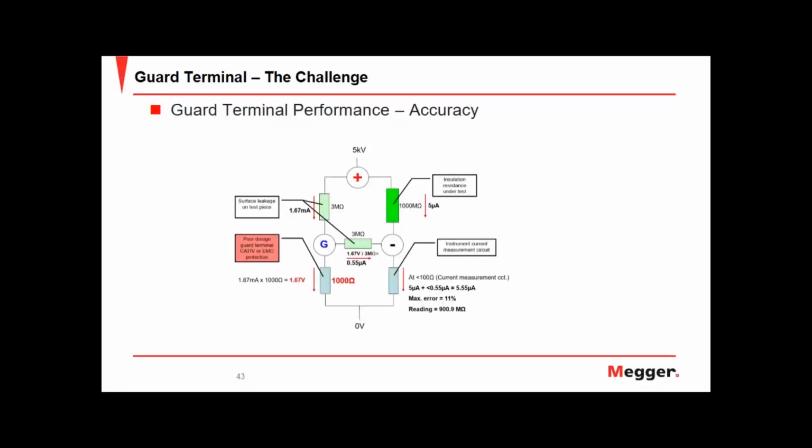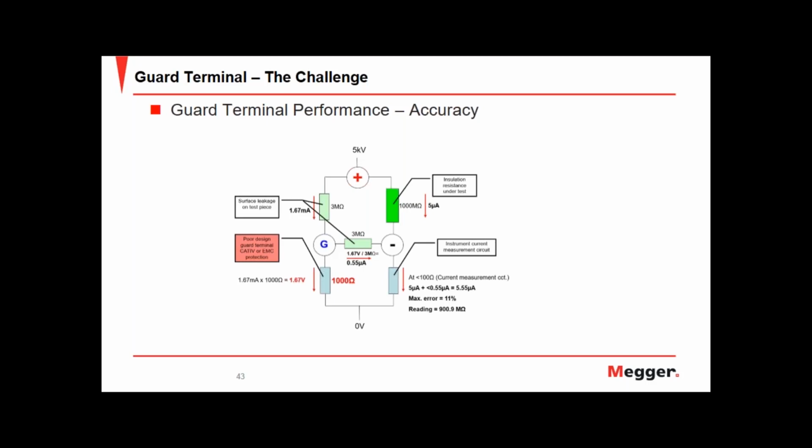The second challenge to overcome is accuracy. One way in which a competitor has found a way of getting their instrument to have some Cat 4 protection or additional EMC protection is they've used a 1,000 ohm resistor at the guard terminal to limit the voltage and current that the instrument might see in the event of a transient, to limit that energy.